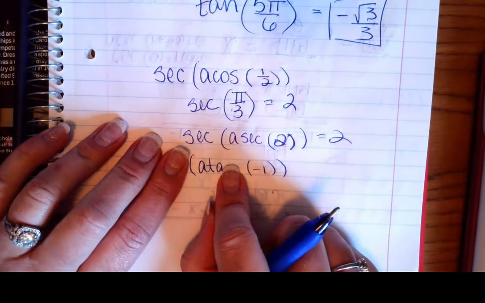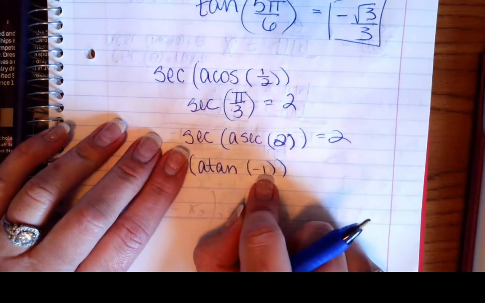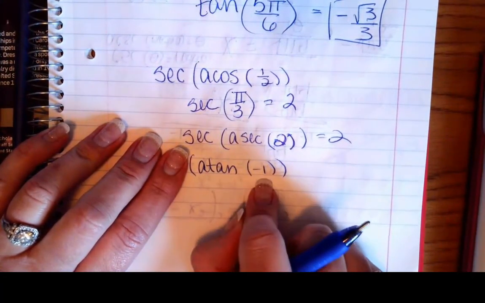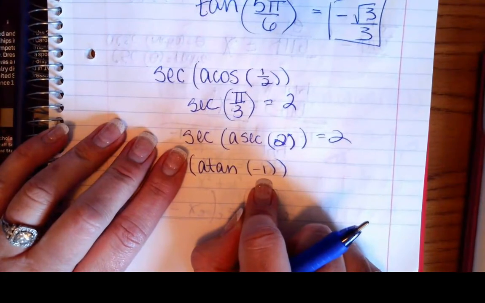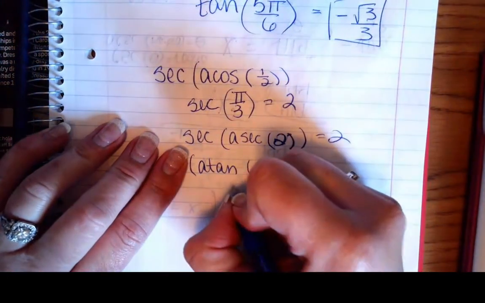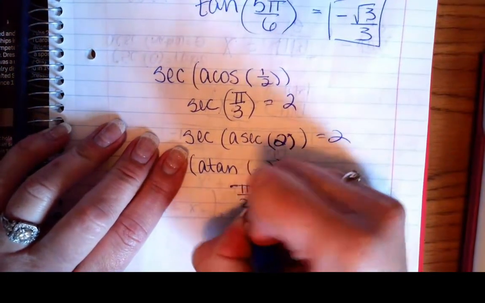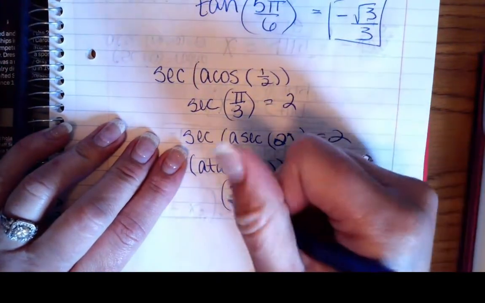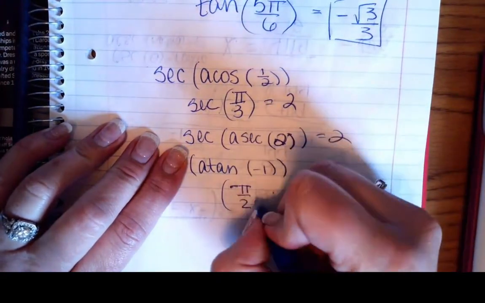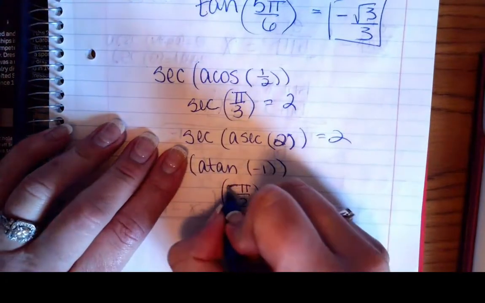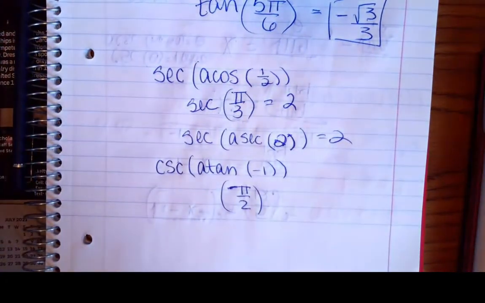Tangent lives on the right side of the unit circle, quadrants 1 and 4. Tangent is negative in quadrant 4. So where does tangent have a ratio of -1? In quadrant 4, that's going to happen at negative pi. Oh, I just lied to you. No, it is negative pi over 2.